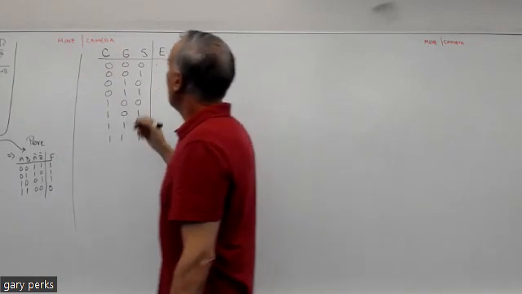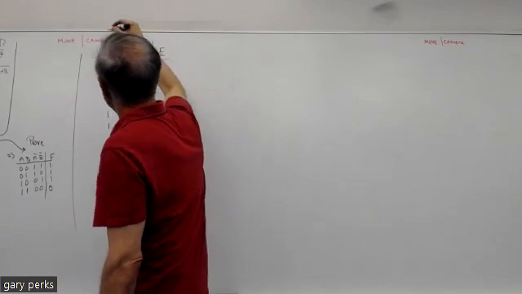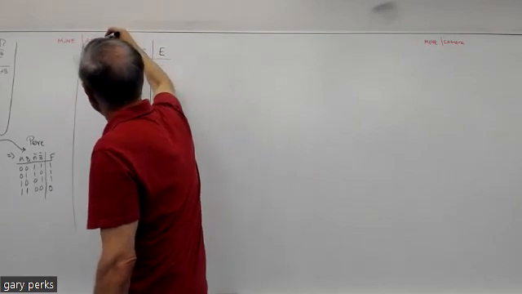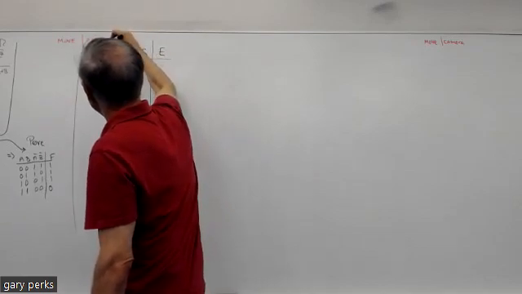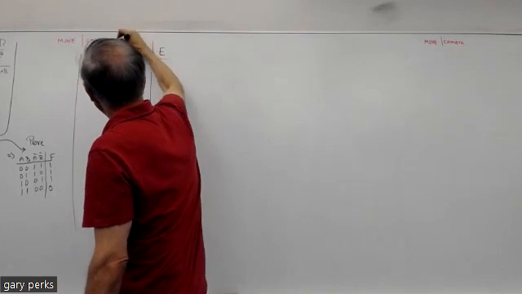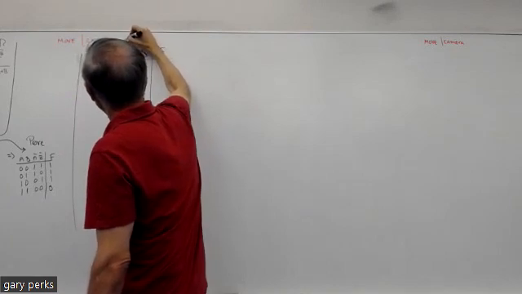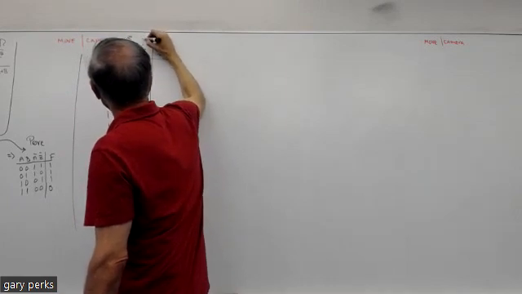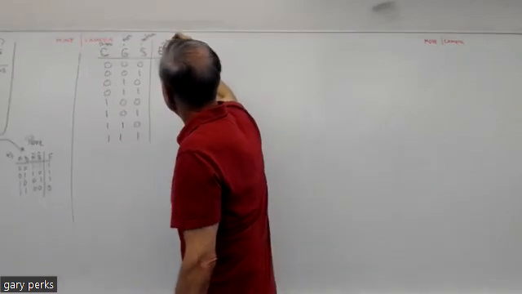Okay. In this example, C stands for chips, like tortilla chips. G stands for eggs. And S stands for salsa. And E stands for eat.